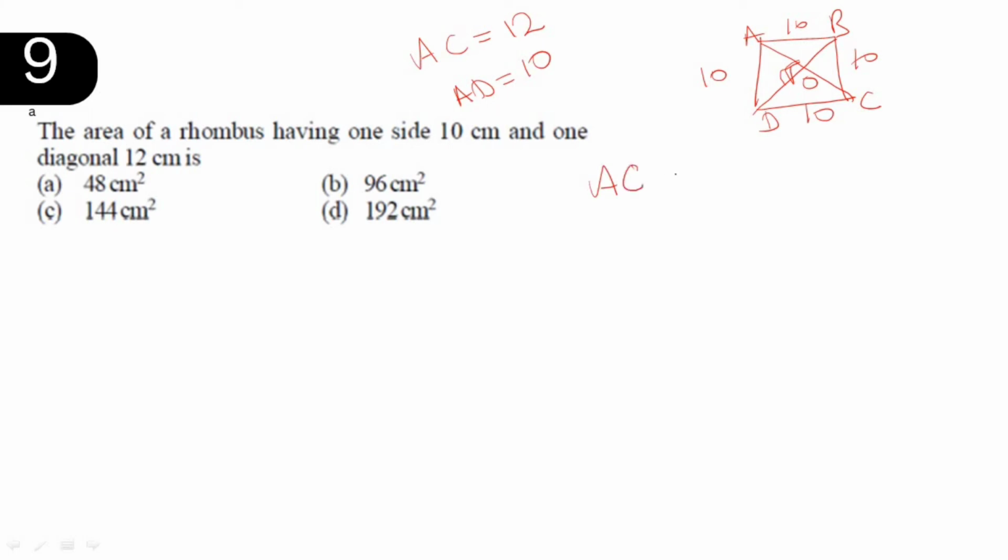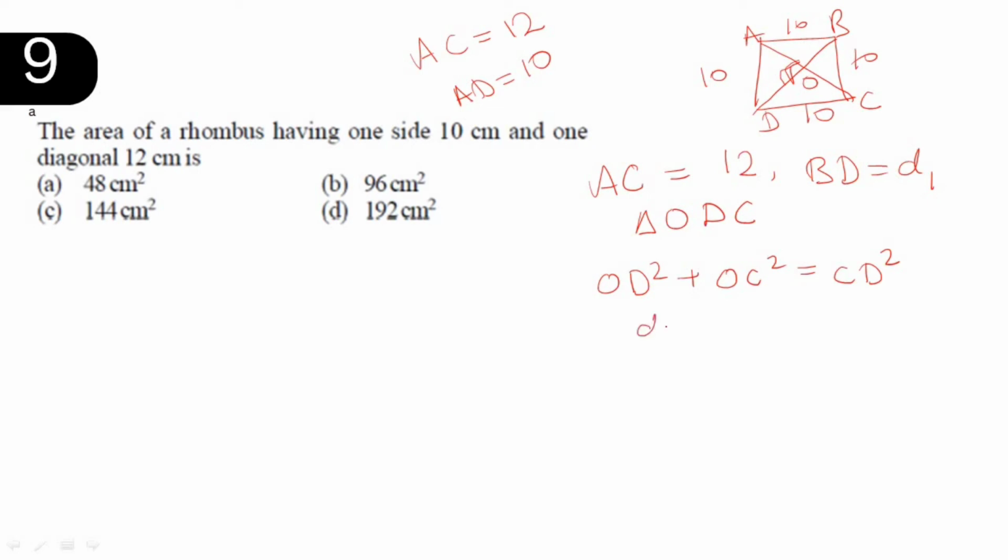Suppose AC is one diagonal which is 12 and BD is the other diagonal which is suppose D1, then in triangle ODC, what comes here? OD square plus OC square is equal to CD square, using Pythagoras. What is OD?